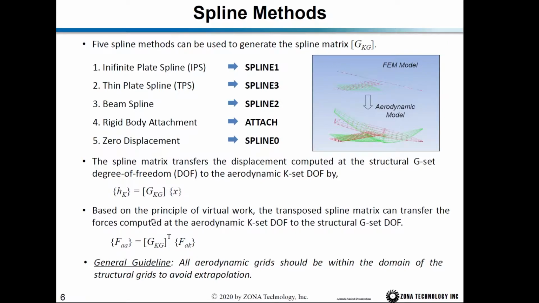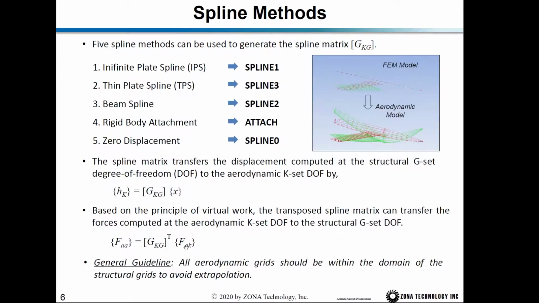And also, based on the principle of virtual work, one can prove that if you use the transpose of the spline matrix, you can transfer the aerodynamic forces computed at the aerodynamic K-set to the structure G-set.